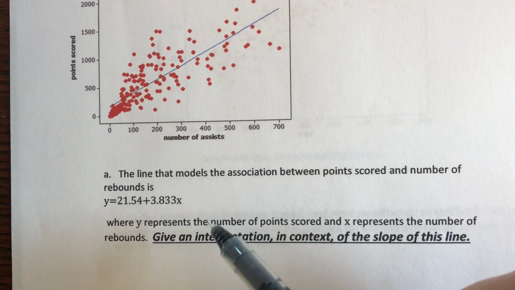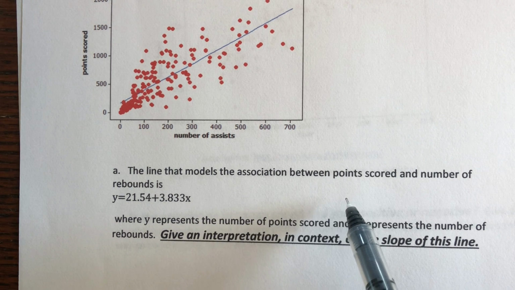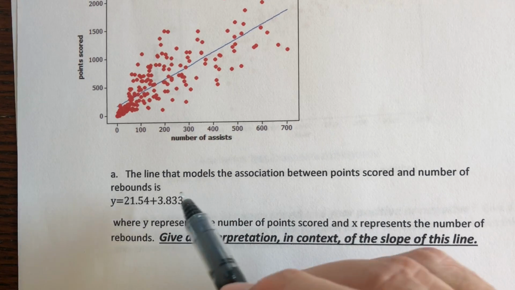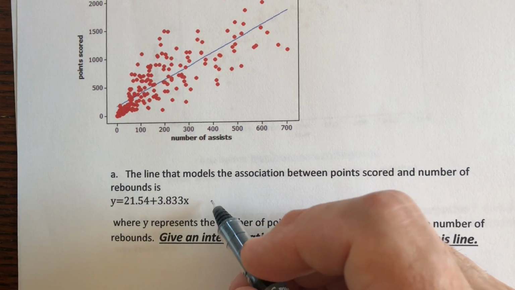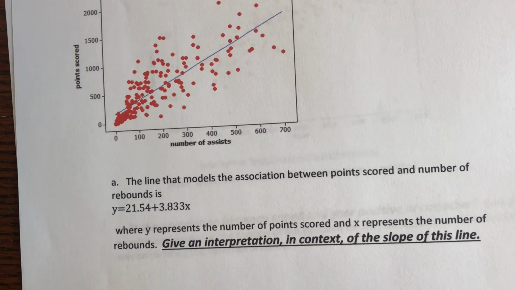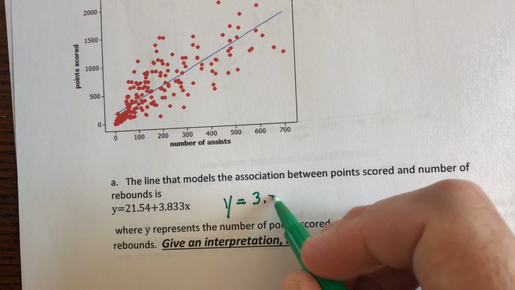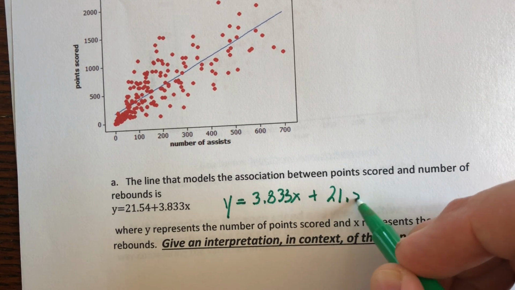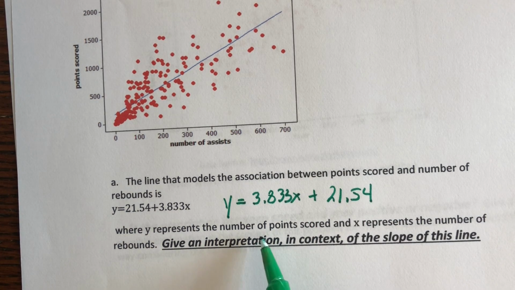Question A says the line that models the association between points scored and number of rebounds is, and that's from the first one that I showed you. Here they have it written kind of backwards, so I rewrote it: y equals 3.833x plus 21.54, where y represents the number of points scored and x represents the number of rebounds.